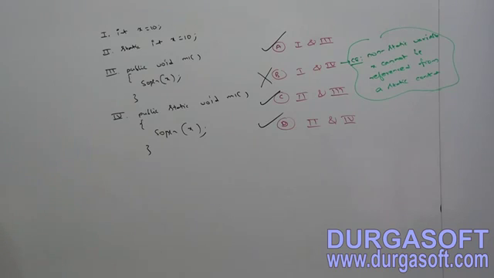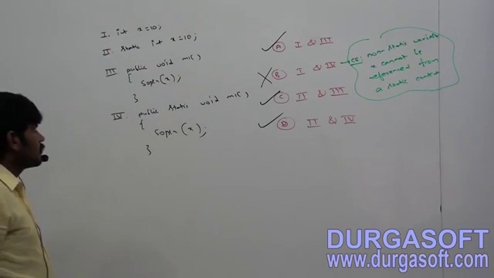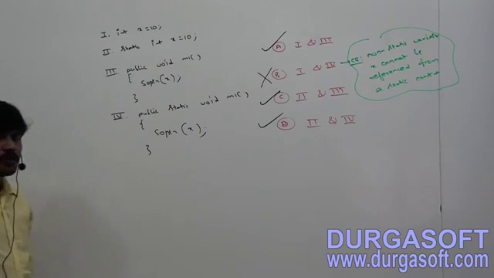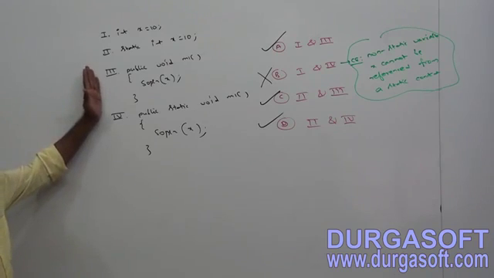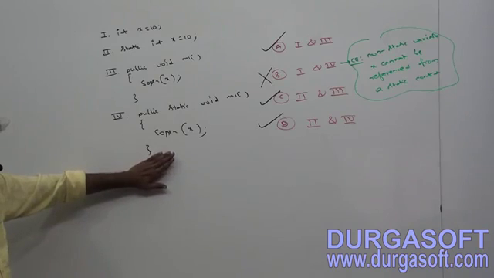Int x = 10. Static int x = 10. Public void m1, SOP of x. Public static void m1, SOP of x. Completed 4. So only these 4, don't take any other.